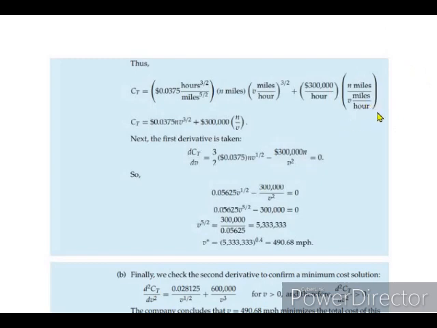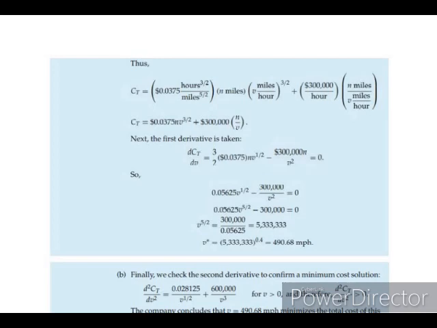Then we simplify them and multiply all of this together. Since they don't have the same variable, we cannot add them.